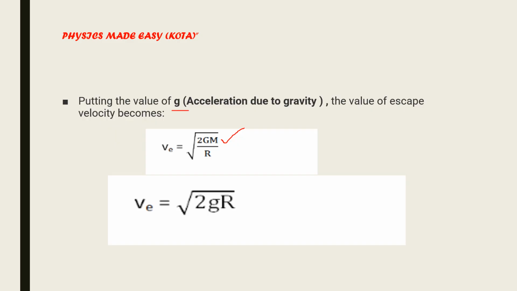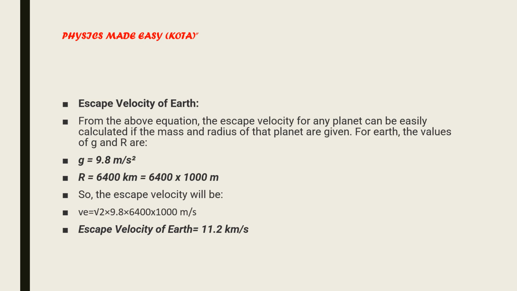So in place of GM, we can put the value from acceleration due to gravity, and we get GM equal to small g into R squared. On canceling the terms of capital R, we get the final expression for v_e, that is equal to the square root of 2gR. So now we can calculate the escape velocity or escape speed from the surface of the earth.